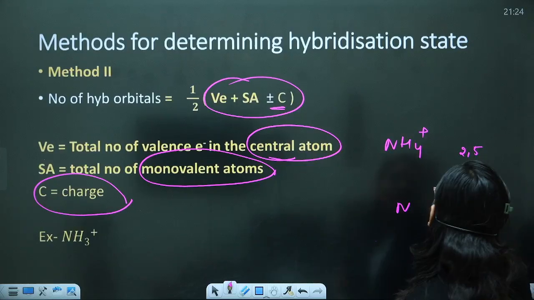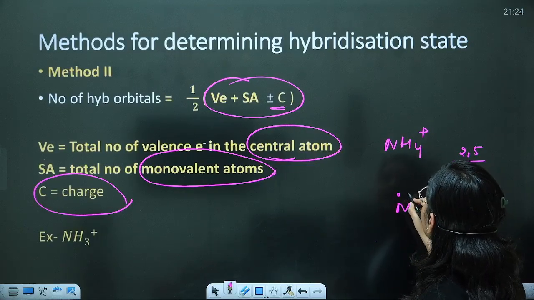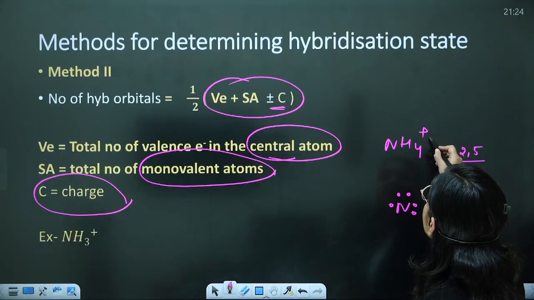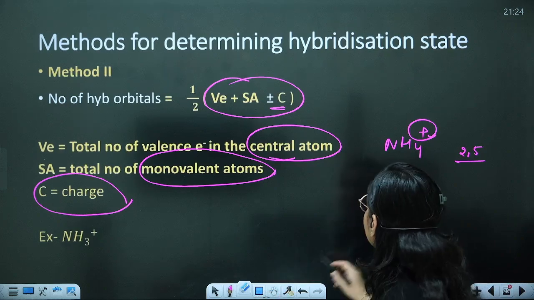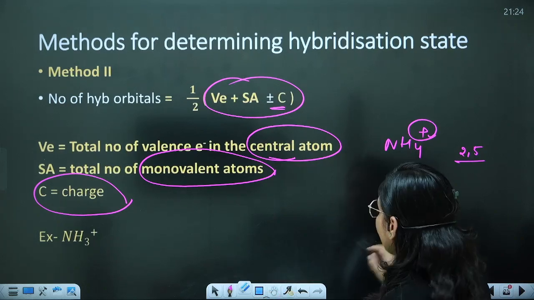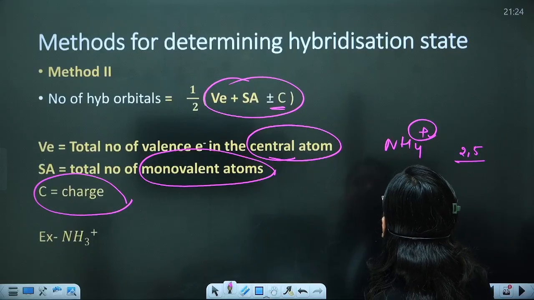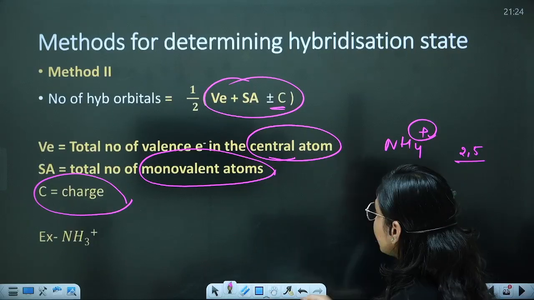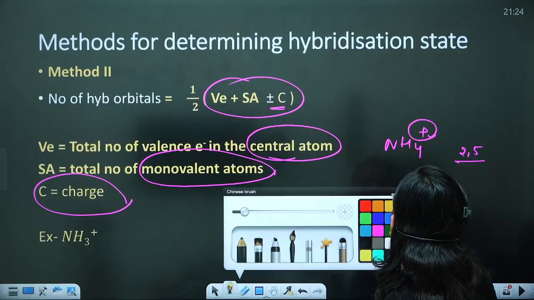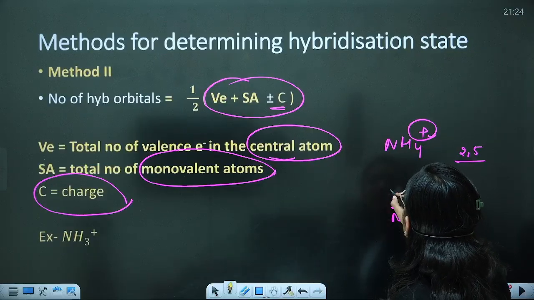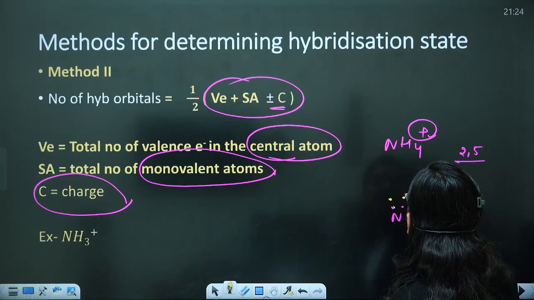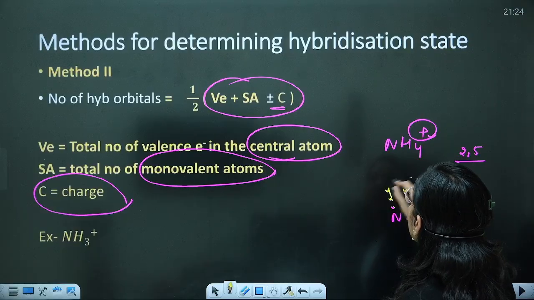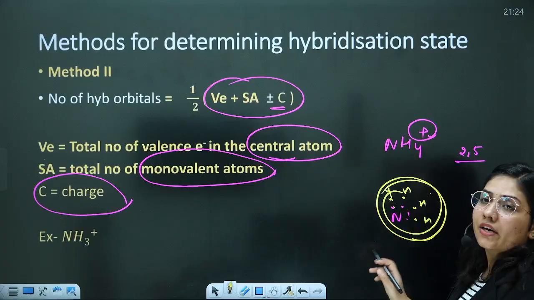It is 7, configuration 2, 5, so it is having 5 electrons in the valence shell, okay. There is positive charge, so it has lost 1 electron. Now it is having 4 electrons, and since there are 4 H, 1H, 2H, 3H, 4H, it means valencies are satisfied like this, okay.